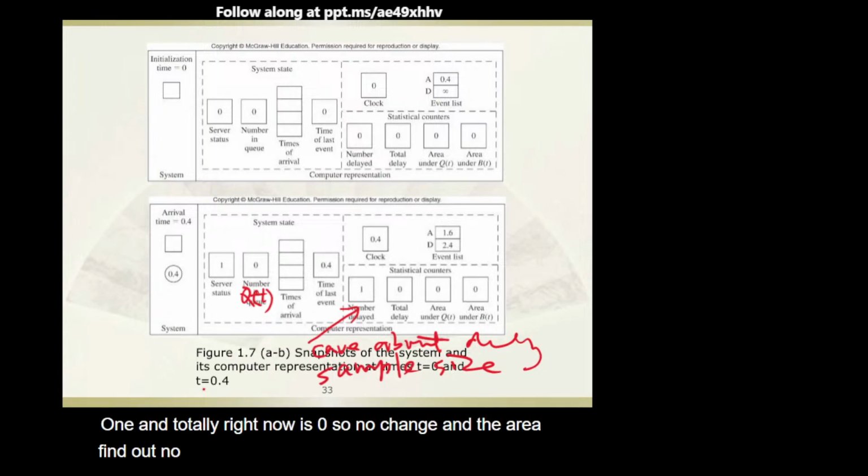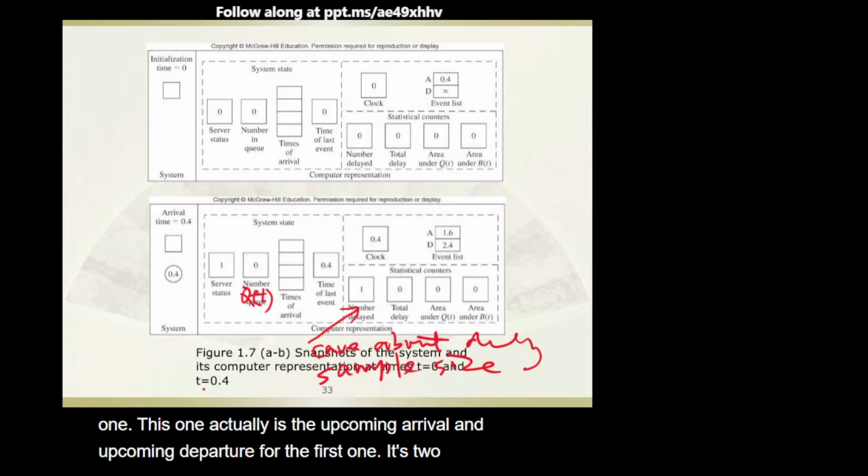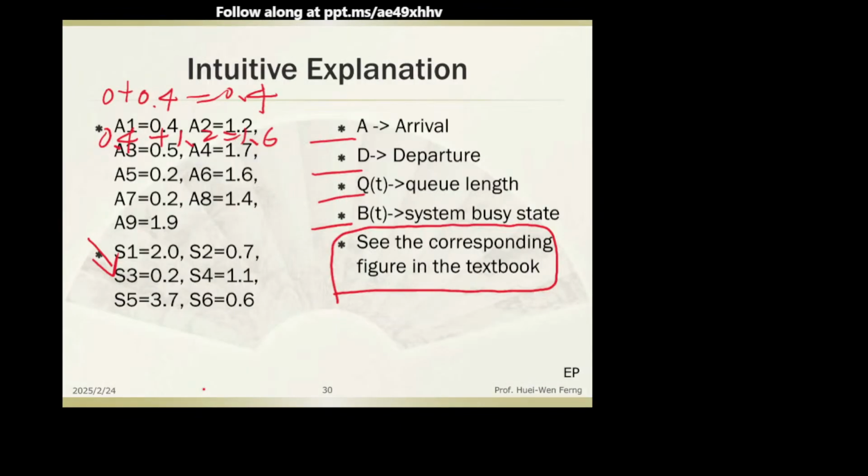And we have arrival 1.6 for the next one. This one actually is the upcoming arrival and upcoming departure. For the first one, it's 2.4. Why is it 2.4? It's 2.0 plus 0.4, so it's 2.4.